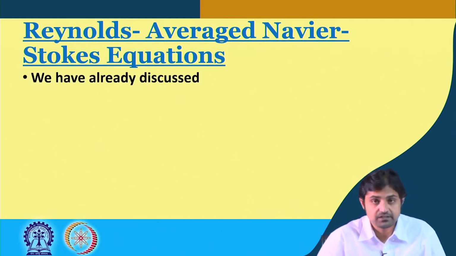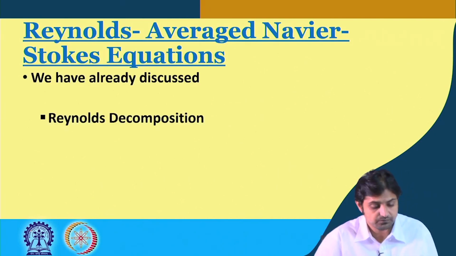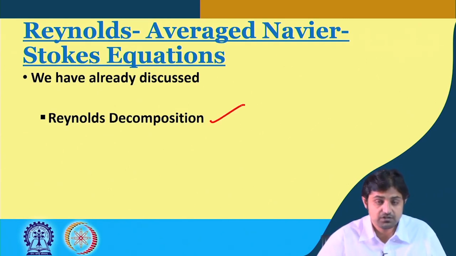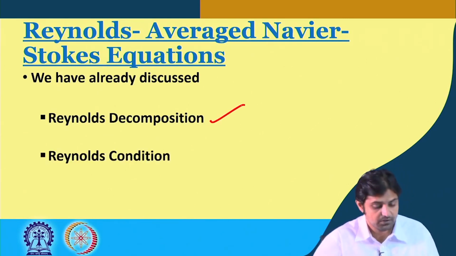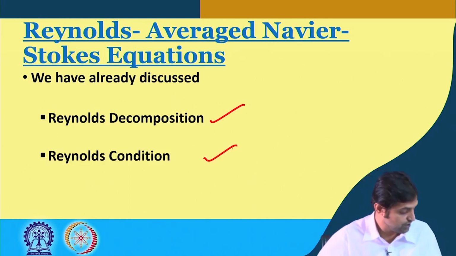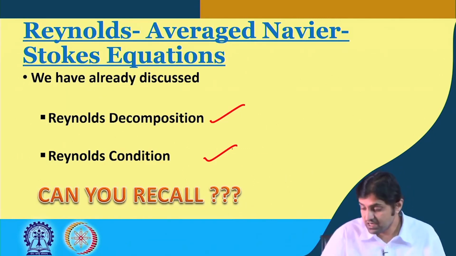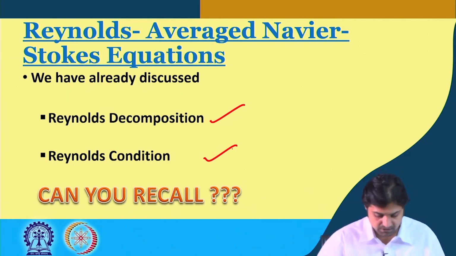So we have already discussed the Reynolds decomposition and the Reynolds conditions in the laminar and turbulent flow module. If you are able to recall, fine, just in case you are not, I have included that again as a quick repetition.